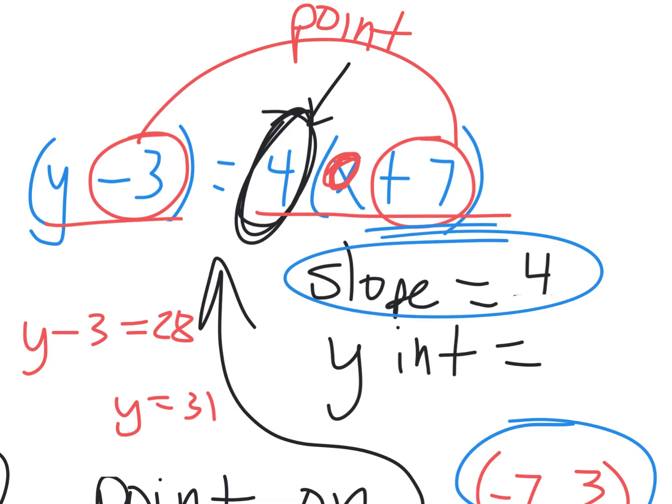What did I do? To find the y-intercept, I put in x equals 0. 0 plus 7? 7. 7 times 4, 28. So that whole side is 28. Then I put y minus 3 is 28. Just add 3 to both sides. Y equals 31.